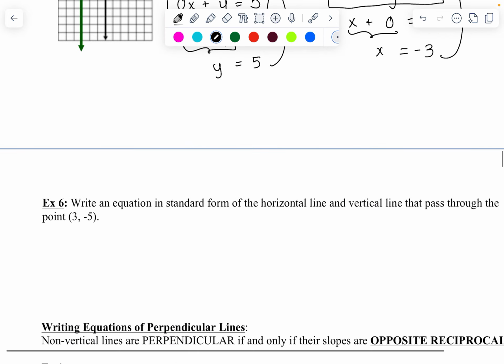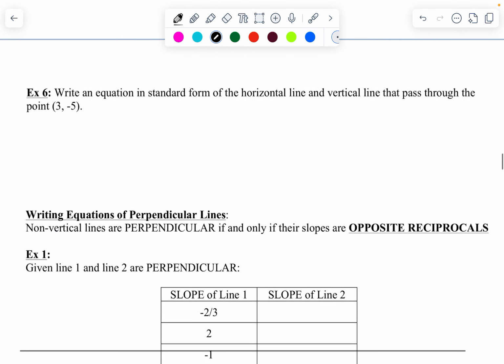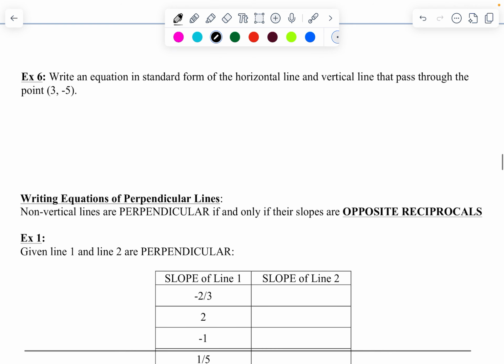Next page, example 6. You're supposed to write an equation in standard form of the horizontal line and vertical line that pass through the point 3, negative 5. So let's go ahead and start with y. Y is equal to a negative 5. Your x value, we'll do it in dark green, x is equal to a positive 3.